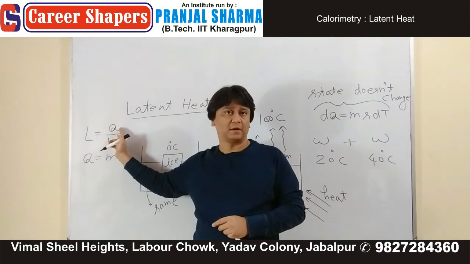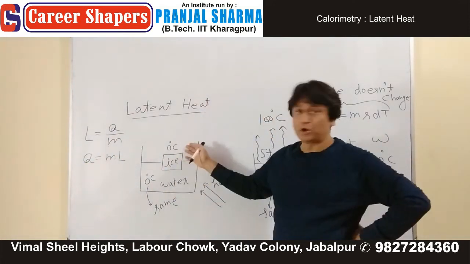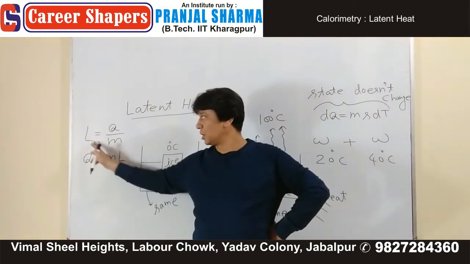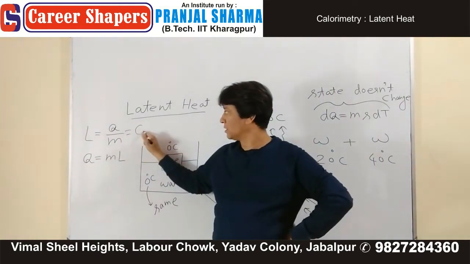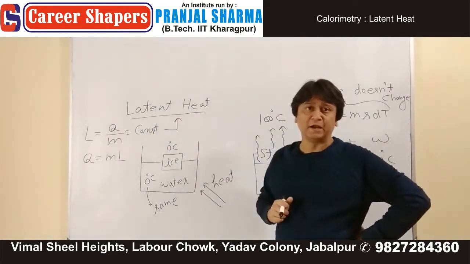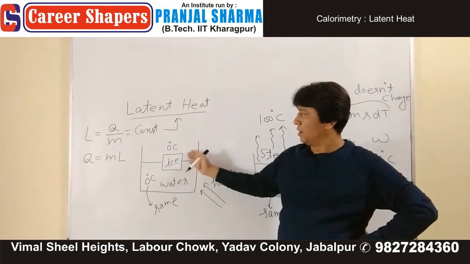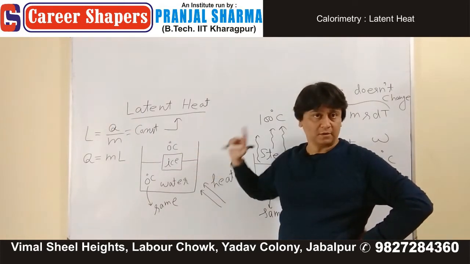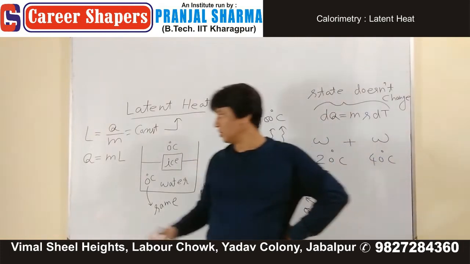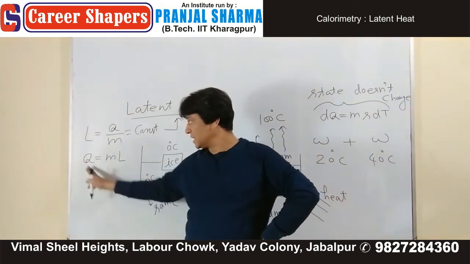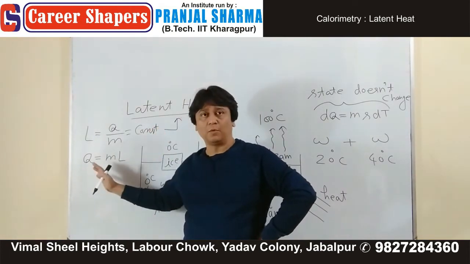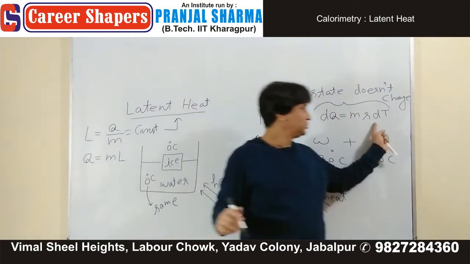Energy supplied, and because of that energy supply the amount of ice which is melting, this ratio is always a constant and is called latent heat of ice and water at 0 degrees Celsius. We'll write the value of L also, but in this you see there is no mention of change in temperature.